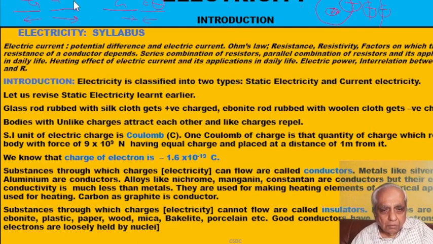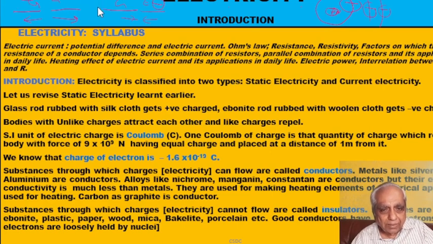Now, why do charges flow in metals? Metals are called conductors. Conductor means materials in which charges can flow, because conductors are made up of metals, and those metals have 1 or 2 electrons in the outermost orbit, which are weakly held by the nucleus.